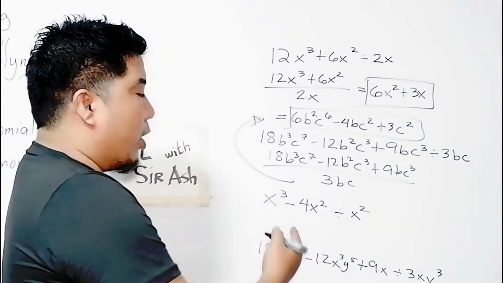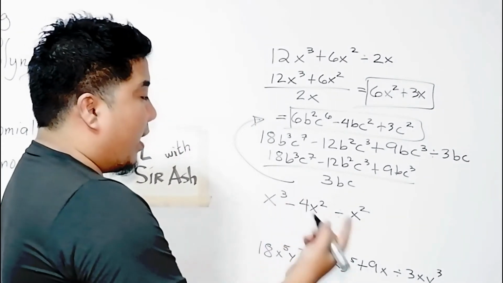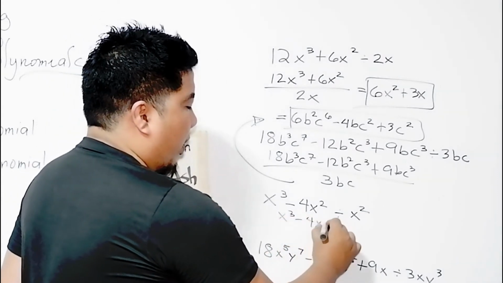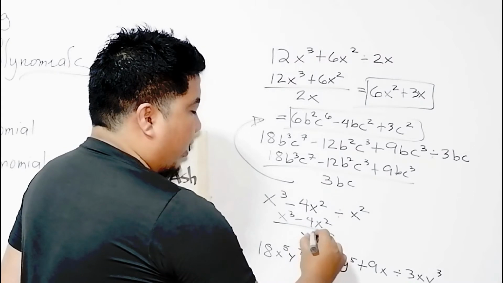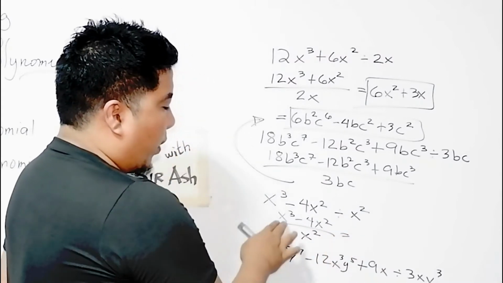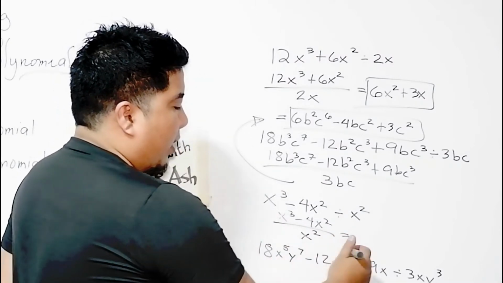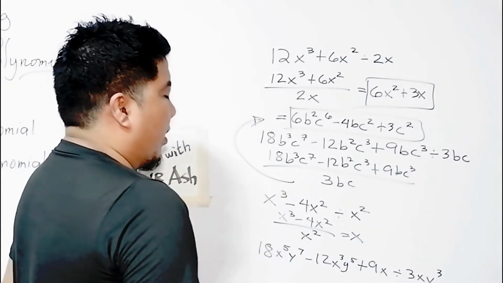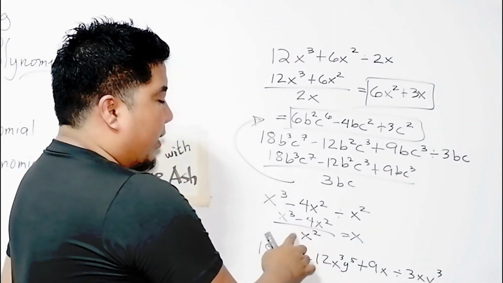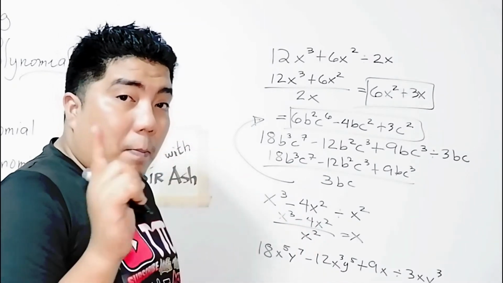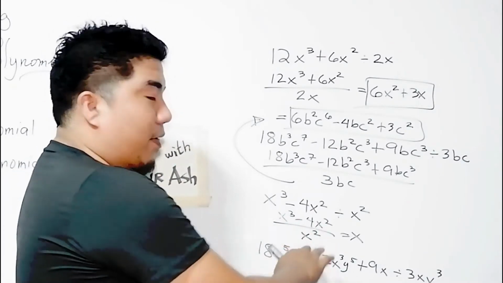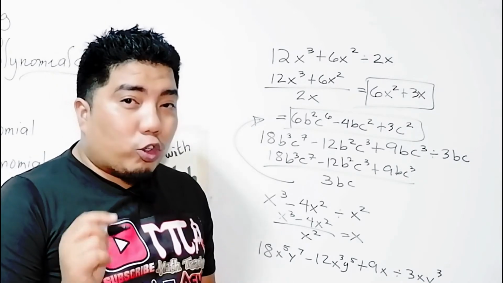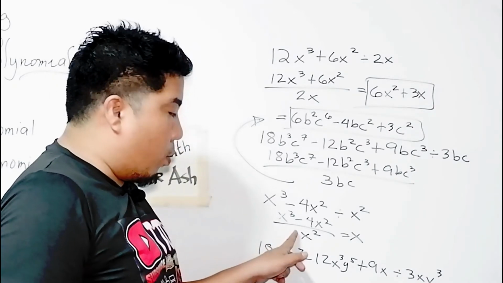We have x cubed minus 4x squared divided by x squared. So, I'll just write this one, x cubed minus 4x squared over x squared. Okay. So, x cubed divided by x squared, that will give me x. Because 3 minus 2 is 1. Okay. Negative 4. And since there is no number here, but remember that if you have a variable and you don't see any numerical coefficient, automatically there is an invisible 1 there.